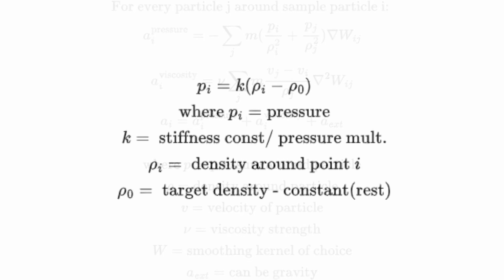And this is the equation for getting the pressure at a point from its density. We can multiply a stiffness constant or pressure multiplier by the difference between the target density, which is ideally the density the fluid should have at all points, and the density around the specific point i that we're examining. This is also called the density error.